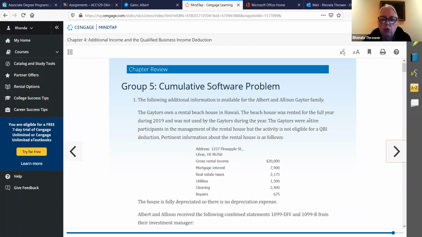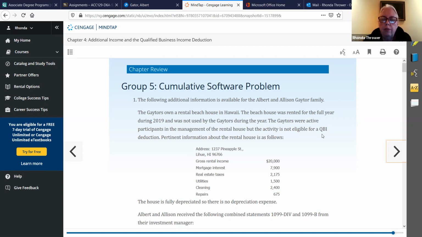The beach house was rented for the full year during 2019 and was not used by the Gators during the year. The Gators were active participants in the management of the rental house, but the activity is not eligible for QBI.